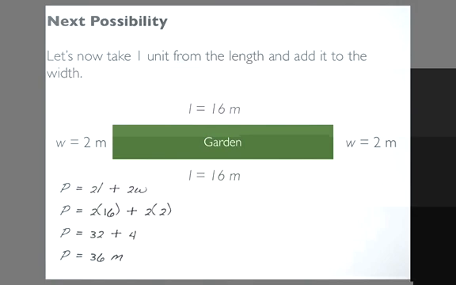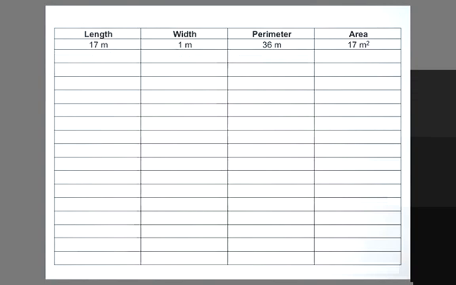So we know we've used the fence possible. Our area is length times width. 16 times 2 is 32 meters squared. Let's go back to our chart. In our table, we record our length of 16 meters, our width of 2 meters. We still have a perimeter of 36 meters. But now our area is 32 meters squared, much bigger than the first.